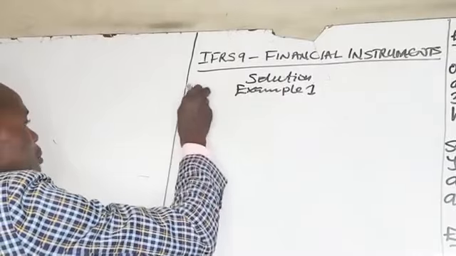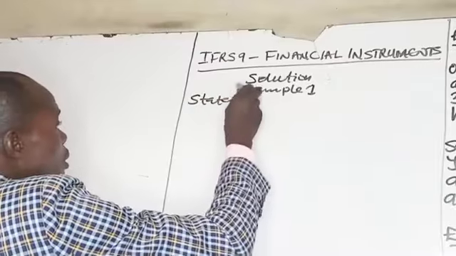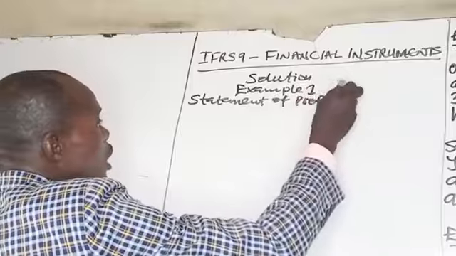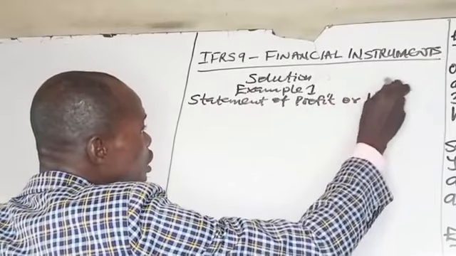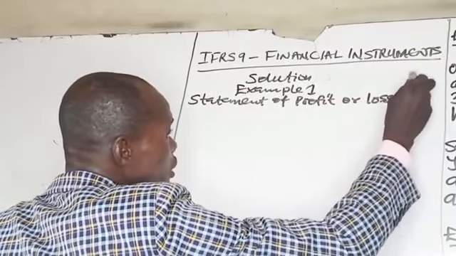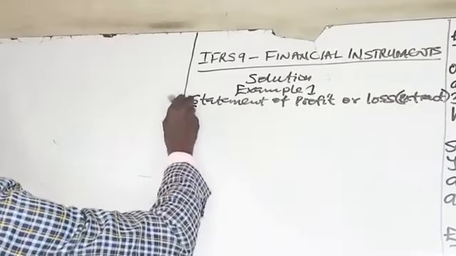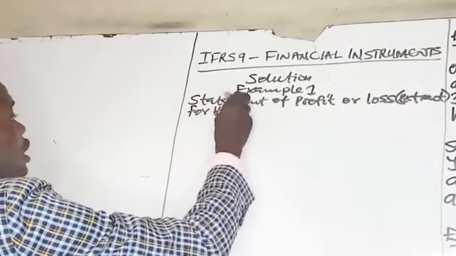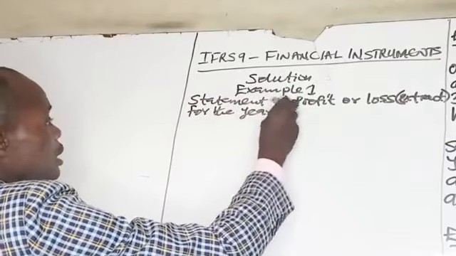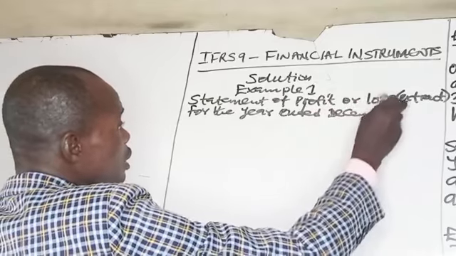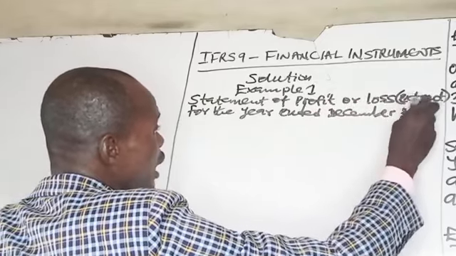Now let's have the statement of profit or loss extract for the year ended December 31st, 20X7.